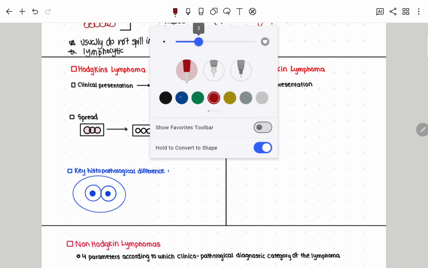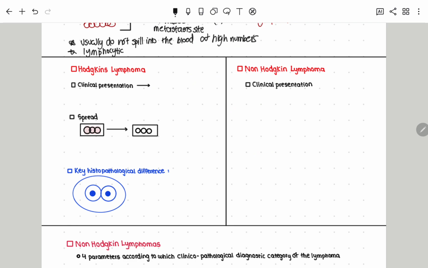So, first thing we need to talk about is the clinical presentation of Hodgkin's lymphoma and compare it with non-Hodgkin's lymphoma. And as far as we need to know, Hodgkin's lymphoma usually arises in lymph nodes that are relatively easily accessible.